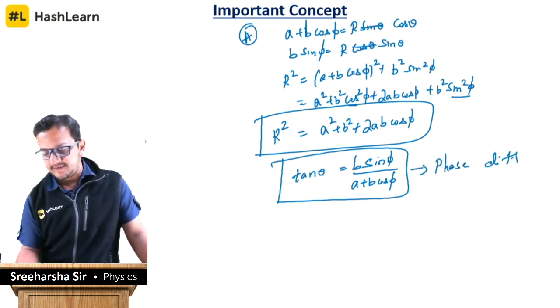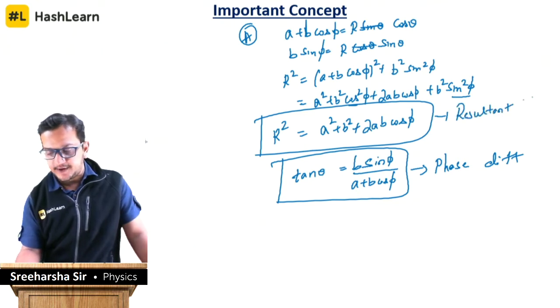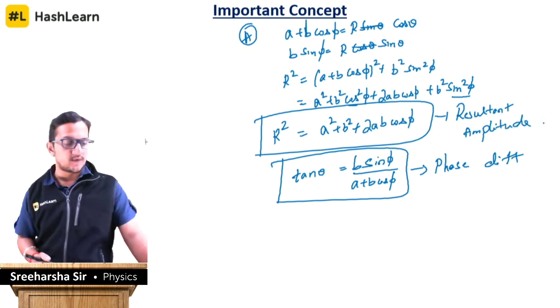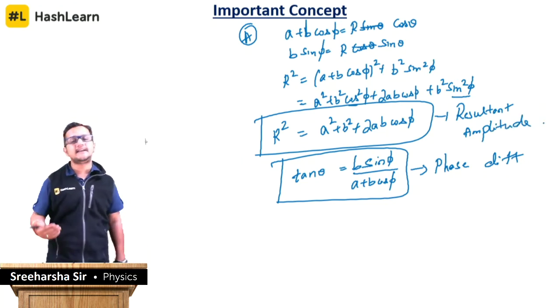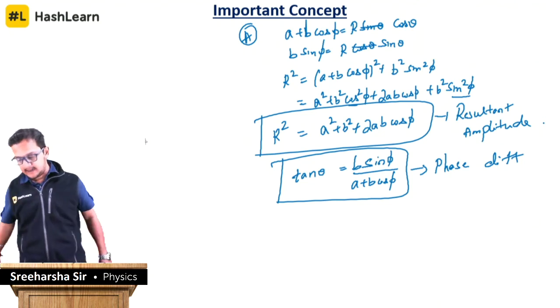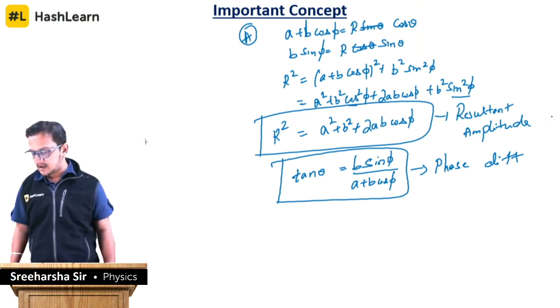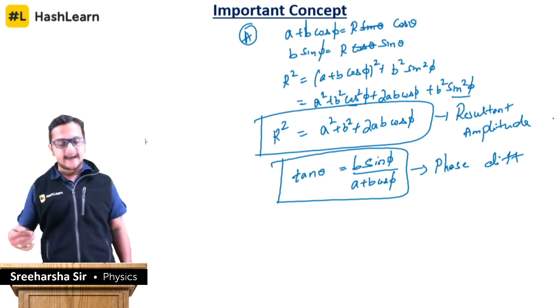So this gives the phase difference and this gives the resultant amplitude. So now using these two equations, we are going to derive the conditions for coherent and incoherent, or wherever you have a dark band or a bright band.